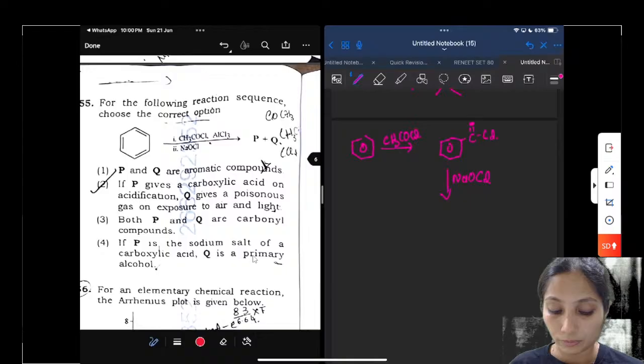And Q gives a poisonous gas on exposure to air and light. Both P and Q are carbonyl compounds. This is also wrong. And P is sodium salt of this is also wrong. So we have to go with.